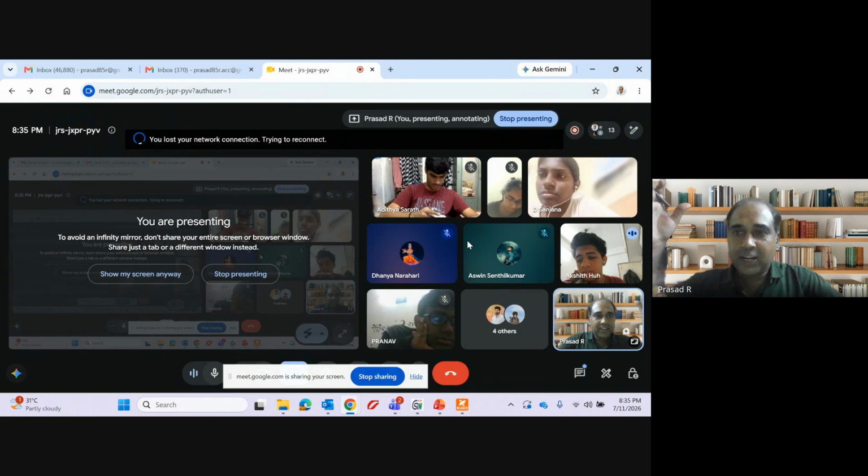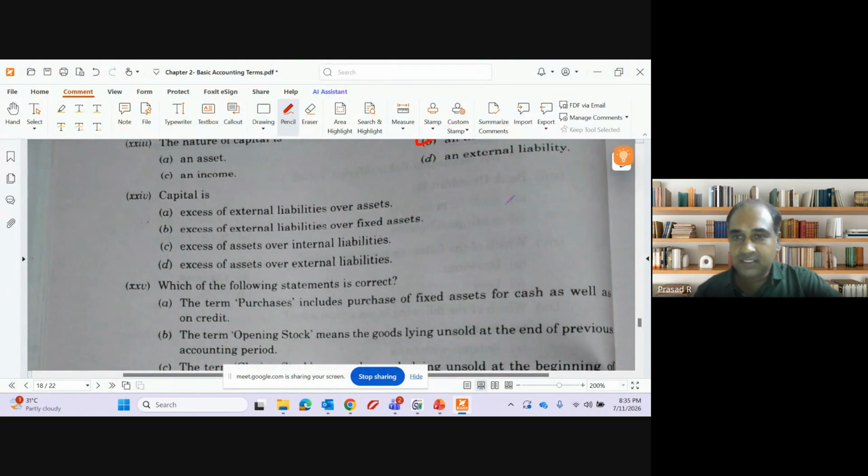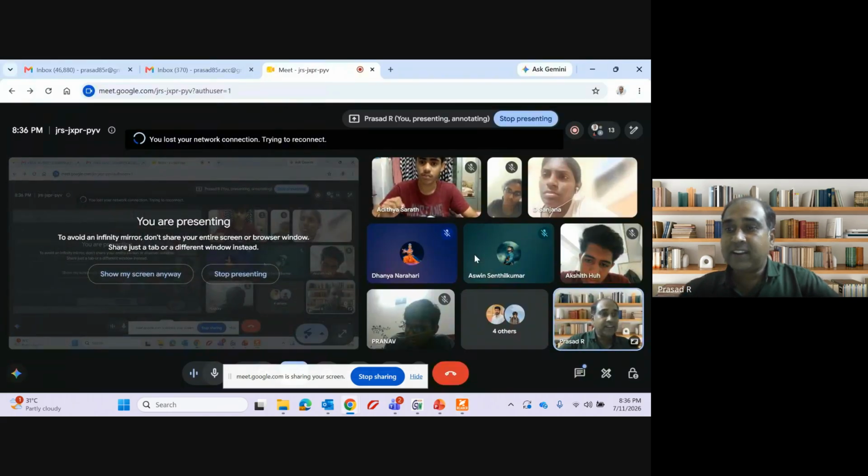In a balance sheet, there are two sides: one is the asset side, another is the liability side. This is how a balance sheet looks. This is the liability side and this is the asset side. Liability consists of capital and liability, and liability consists of internal liability and external liability.